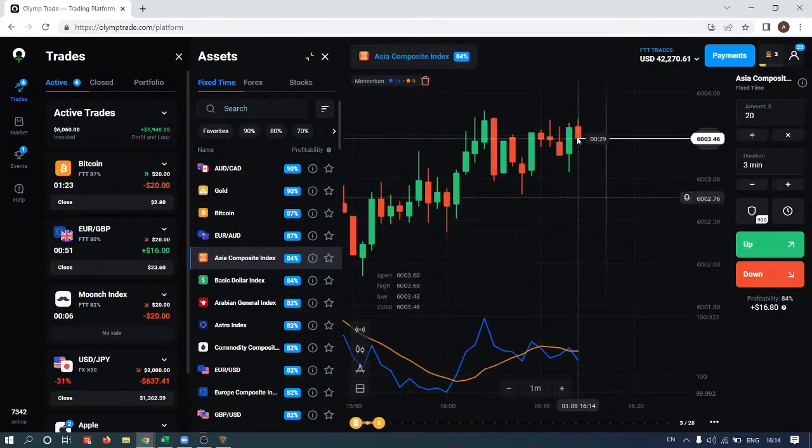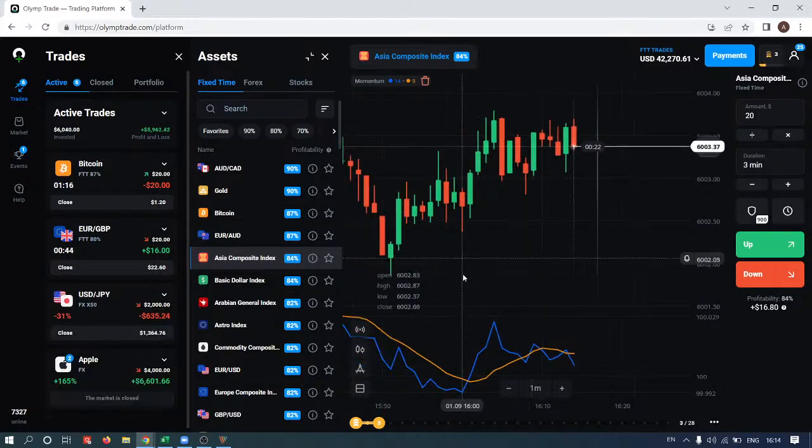Yeah, like this one. Look, Asia Composite Index. So 1, 2, 3, 4, 5 different crossings. We can see that this previous one here at 16:01 my time would have been a profitable one, and then next the chart just started moving sideways.